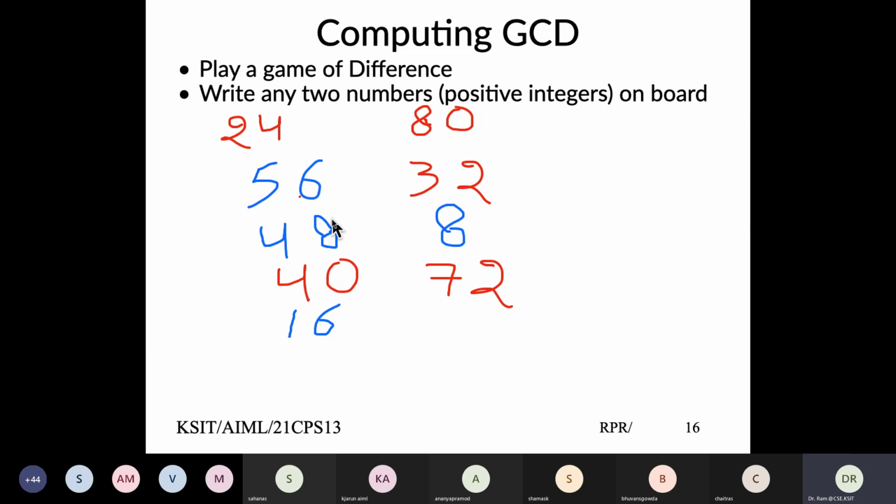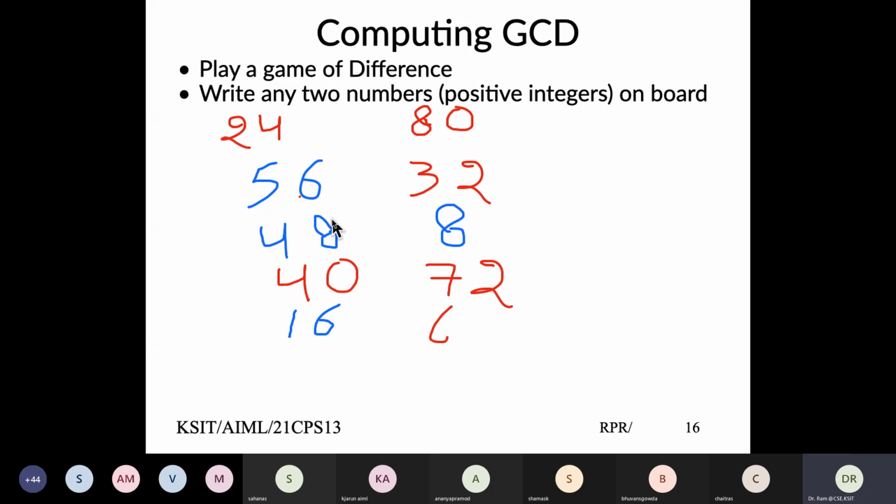Now, what number would you like to write? 56 minus 8? 48 is already there. Are there any numbers available, or do you lose the game? 72 minus 8, sir.